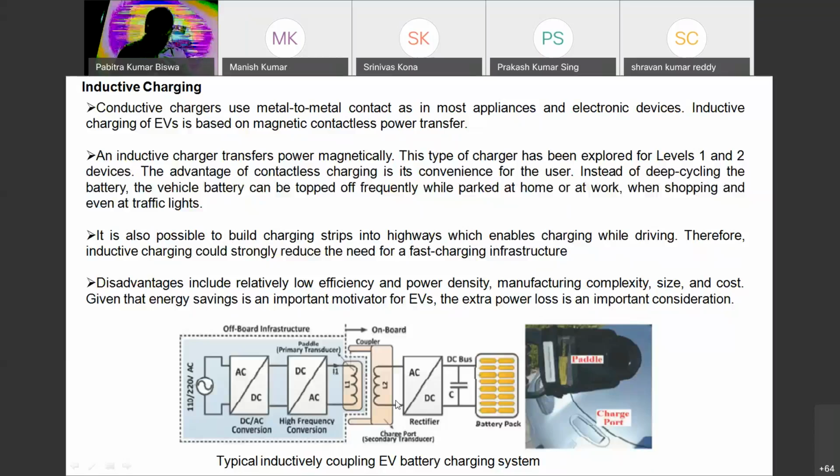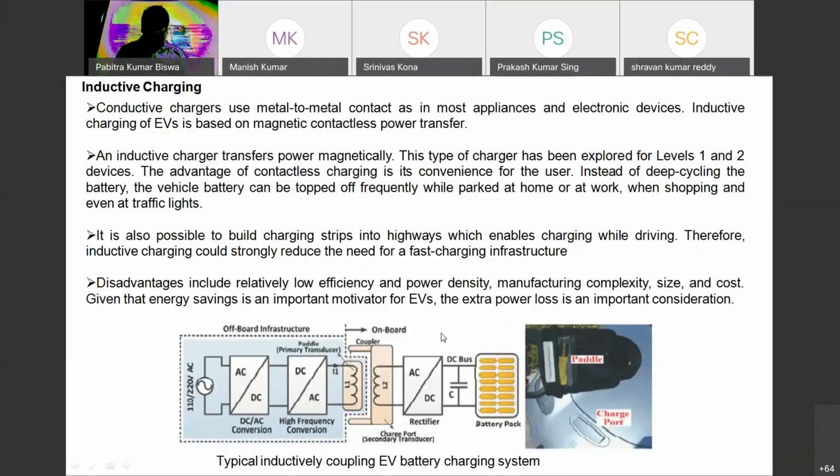Now, this is the typical inductive coupling EV battery charging system. Here we are considering the AC to DC conversion. This is the on-board, off-board infrastructure. That means the main frequency conversion DC to AC. Then the coupler is used, and then the charge point, the secondary side, will be considered.